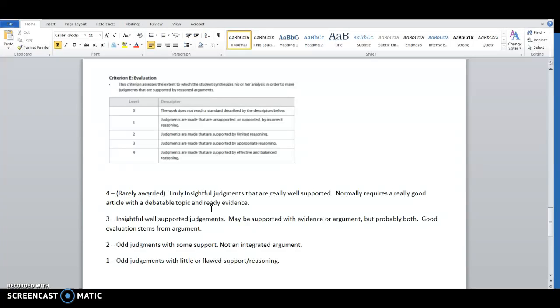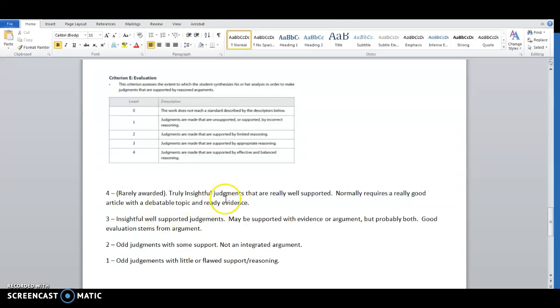And what a really good evaluation will do is this person will not just explain these arguments, but actually often take a side or explain the weaknesses in the way the article was written. So it goes beyond just explaining what the article is saying, but actually being very critical of the information and trying to explain the real world connections.